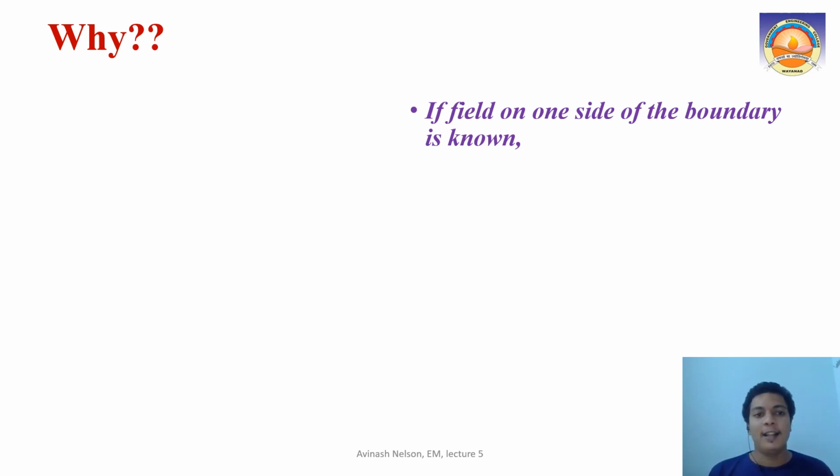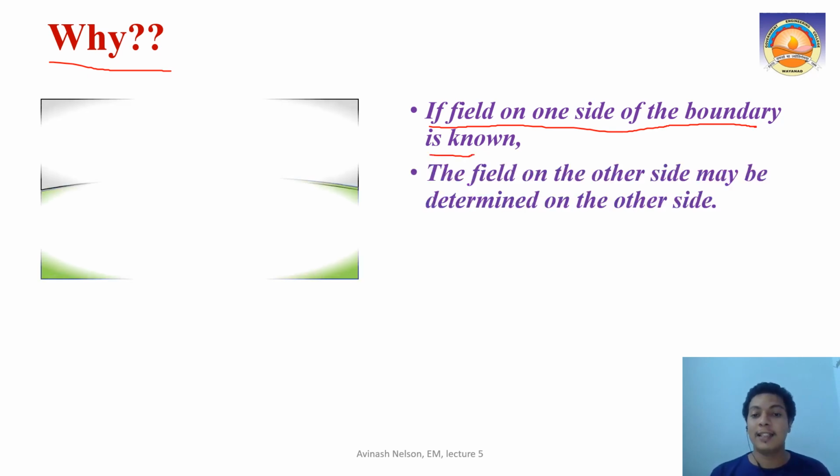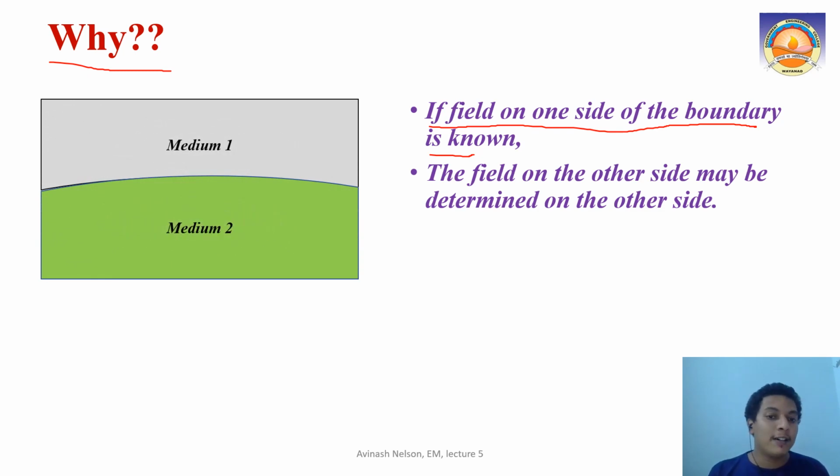Again, before that, let us see why we are concerned about the condition of the field at the boundary between two media. The interesting part is that if the field on one side of the boundary is known, then we can find out the field on the other side of the boundary. Like if in the conductor I know the field, then I can find what it will be in the dielectric side, or if in one dielectric I know the field and how it is varying, then I can determine the field in the other medium.